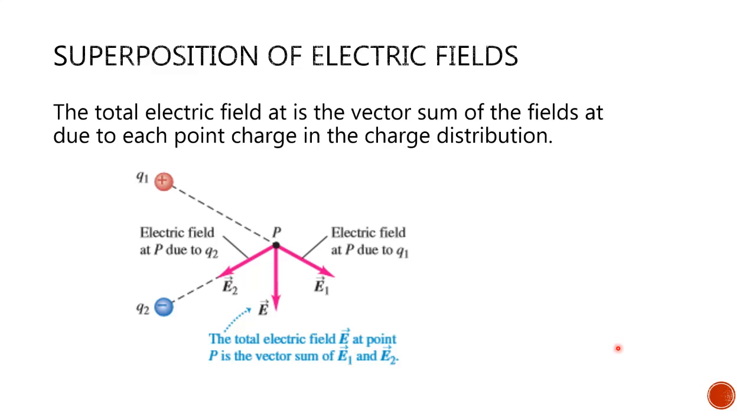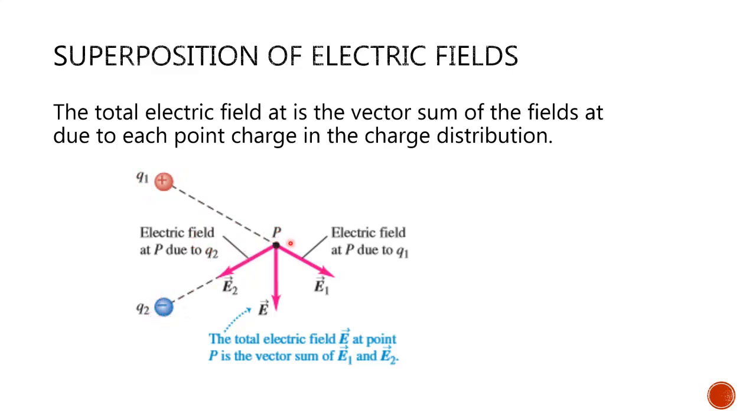For example, we have this particle Q sub 1, so there is an electric field at this specific point P, and there is this arrow drawn away from point P. Then we also have another charged particle, this time negative, so we have another arrow.